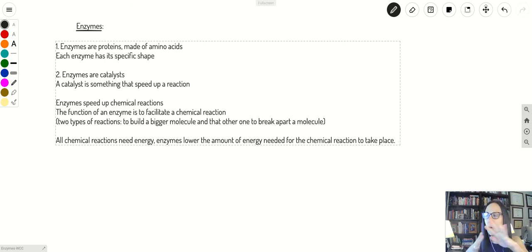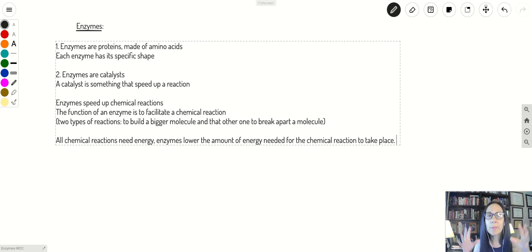And so all the energy it took for them to find each other is a certain amount of energy. But what an enzyme does is it is this little machine that grabs one of the pieces, grabs the other piece, and puts them together, so that they don't have to randomly just float around until they find the other piece.